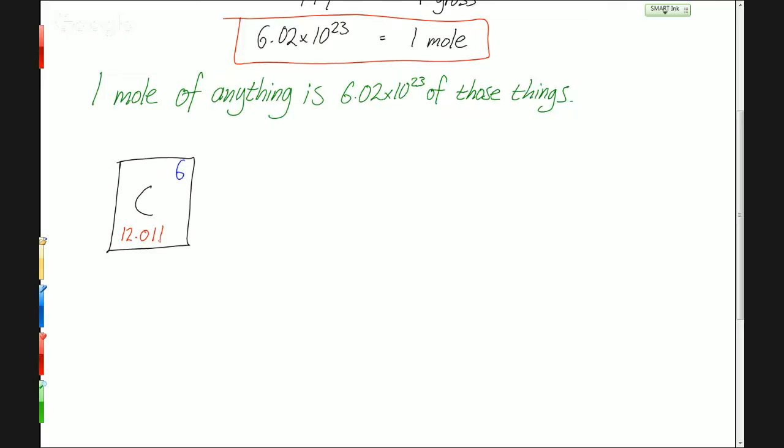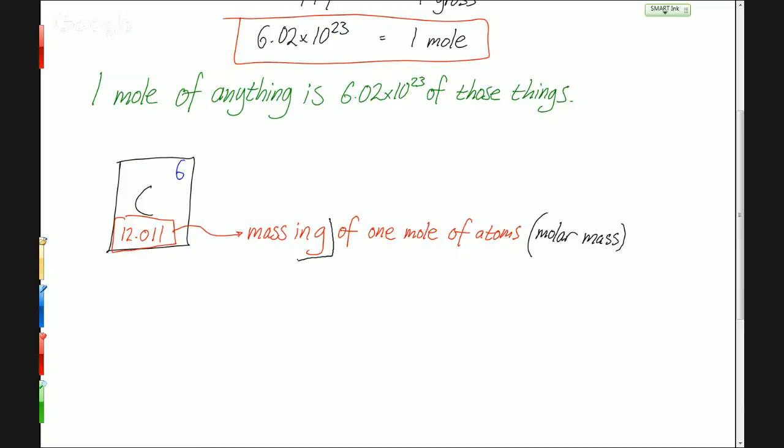But there's another way that we use this bottom number, and this is the mass in grams of 1 mole of atoms. The name for that is the molar mass. The mass in grams of 1 mole of atoms.